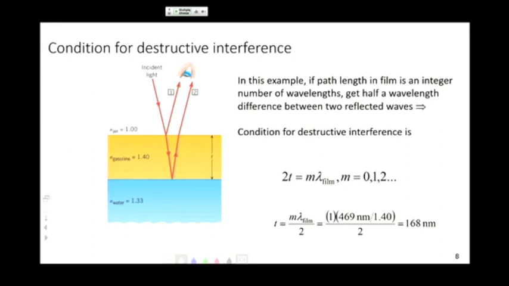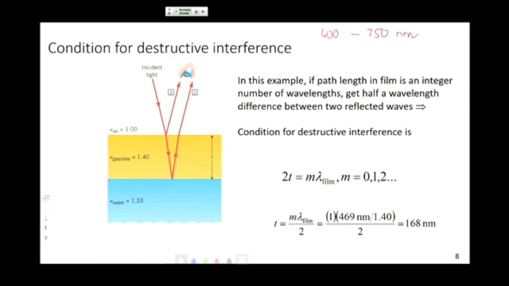Now, how do I figure out? So in the problems I ask you, very often I'm trying to figure out which are the wavelengths in the optical region that interfere constructively or destructively. So for that, you should remember that the optical spectrum, the visible spectrum, is approximately 400 to 750 nanometers.